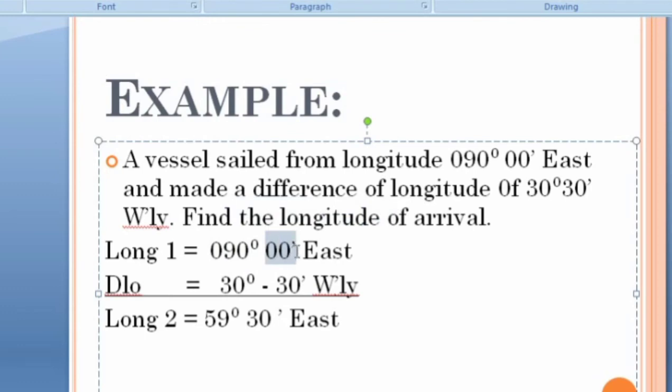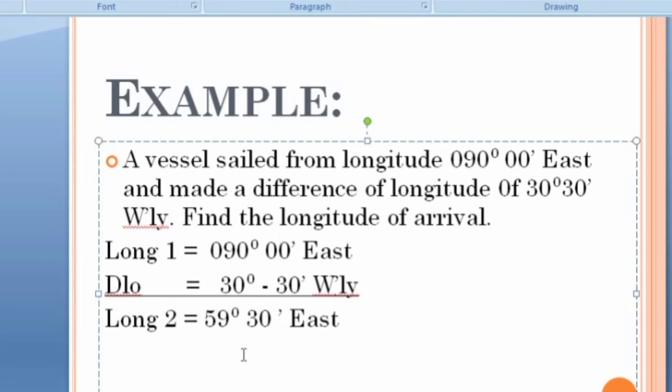Subtracting 30, we have 30. And since we only have 89 degrees left because we have borrowed the 1 degree, which is equivalent to 60 minutes, we have 89 minus 30, that would be 59 degrees. Am I correct?